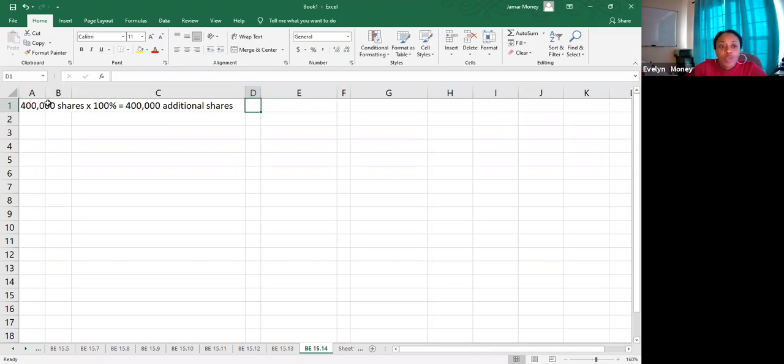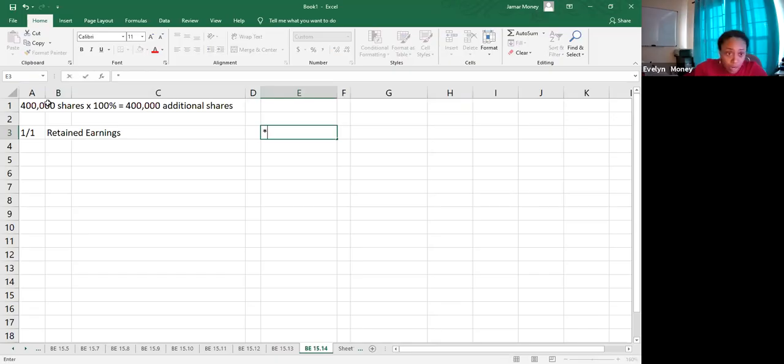Large stock dividends are valued at par value. So when we do our entry here on the date of declaration, we're going to debit retained earnings for that par value. So it's going to be the 400,000 additional shares. I have too many zeros. Times the $10. I better get 4 million.